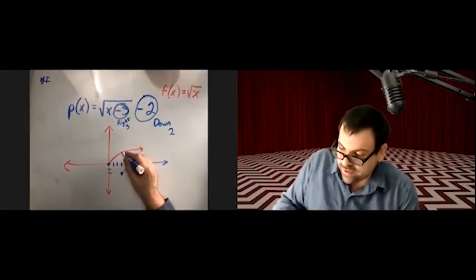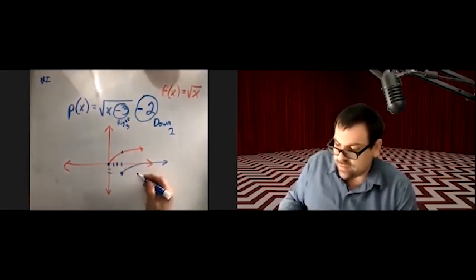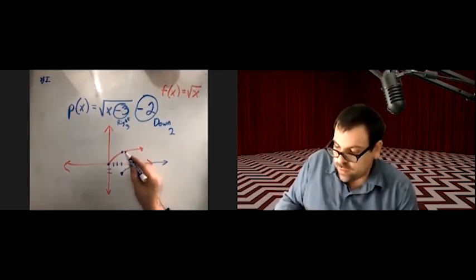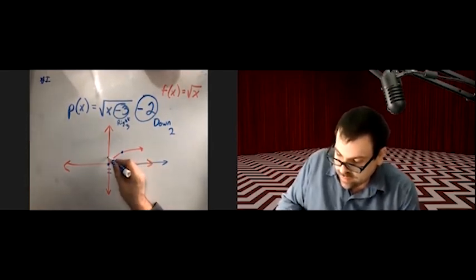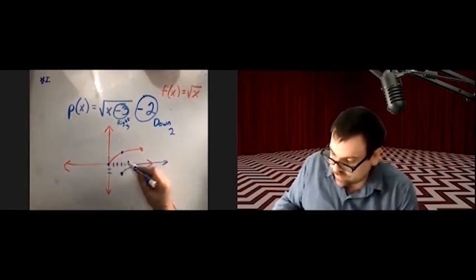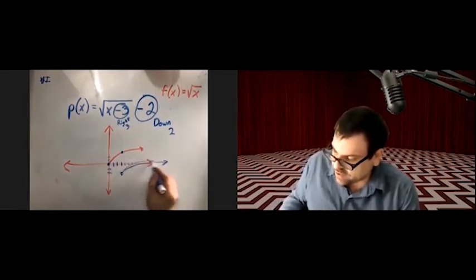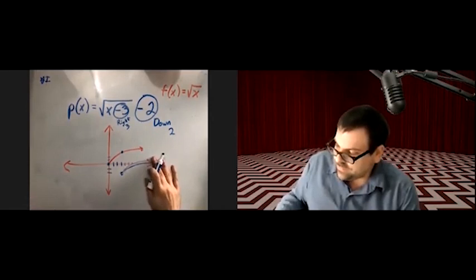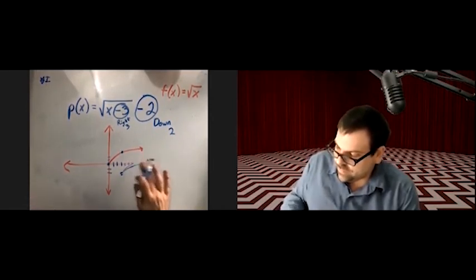So this point, whatever it is, we would move it right 3, down 2. So maybe I should have been up here somewhere. But anyway, I'm just drawing shapes.